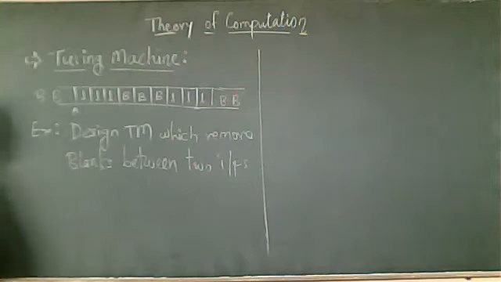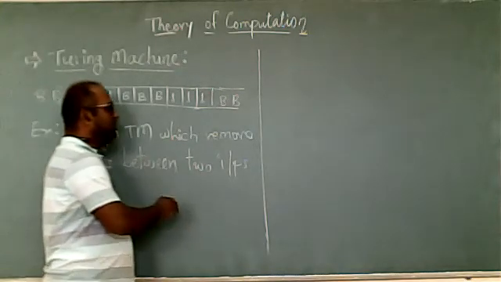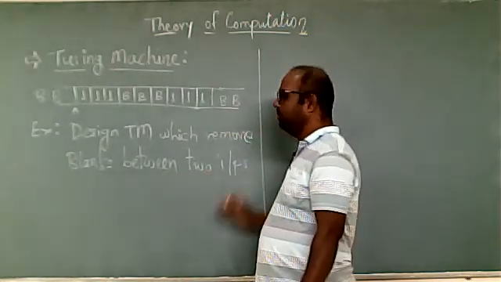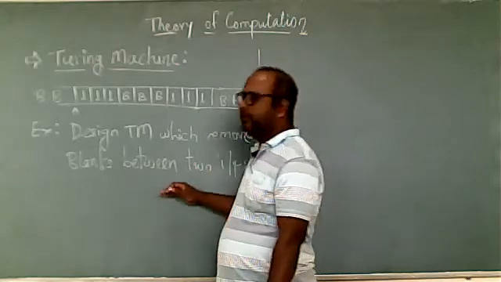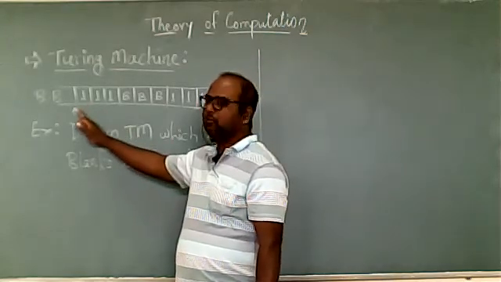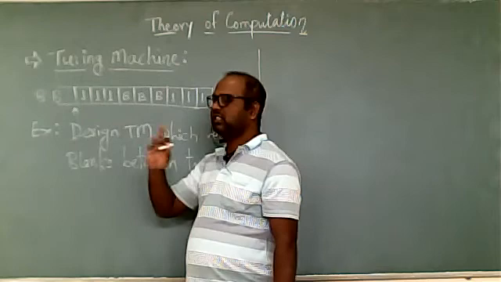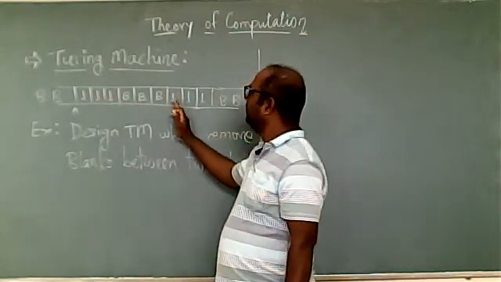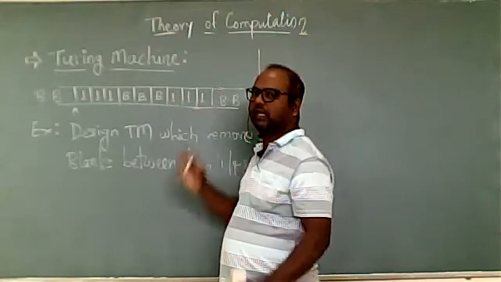Consider this is the example. Take an example where the input is 1 1 1. 1 is the input, so we have the input 1 1 1, and again a second input 1 1 1. So we have two.